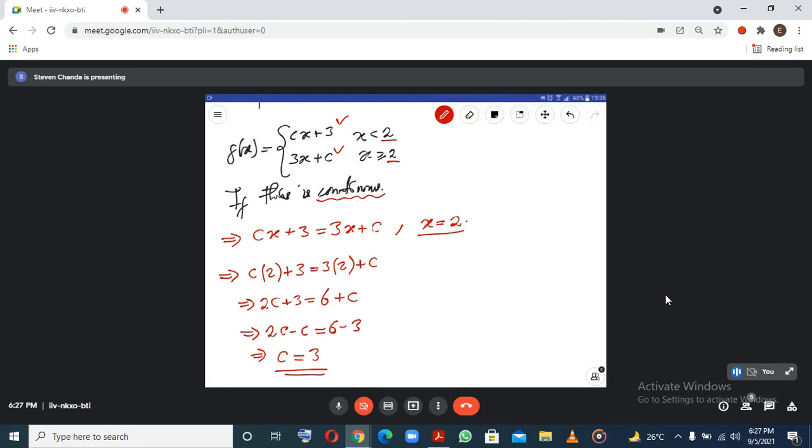So this means that if c has got a value of 3, you are going to have that particular value, right? So that's really the key thing there. So c is going to be 3.